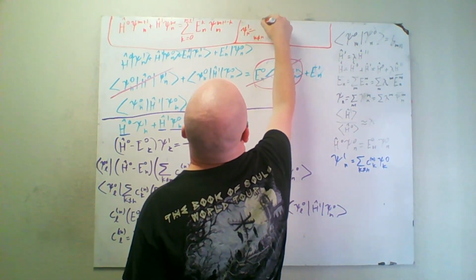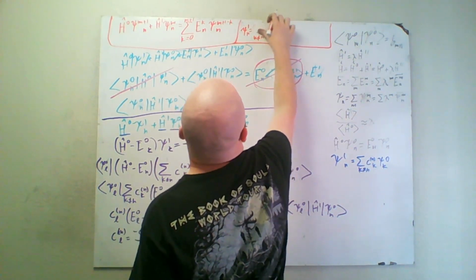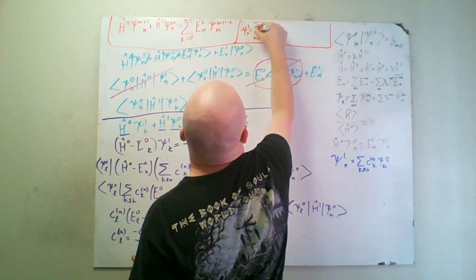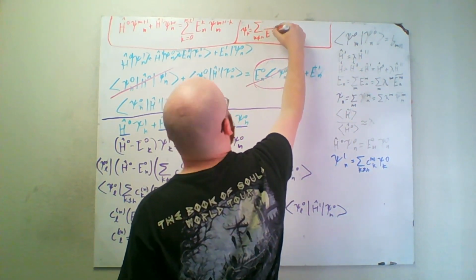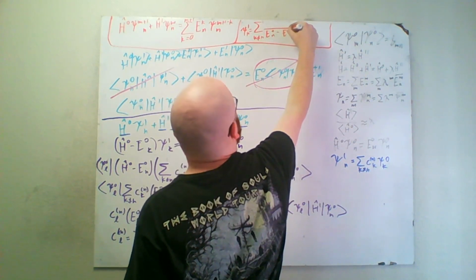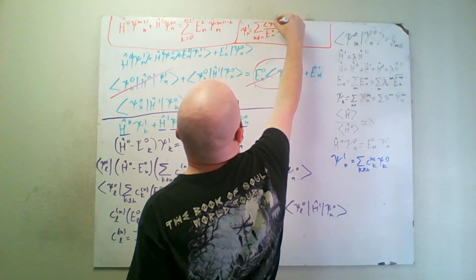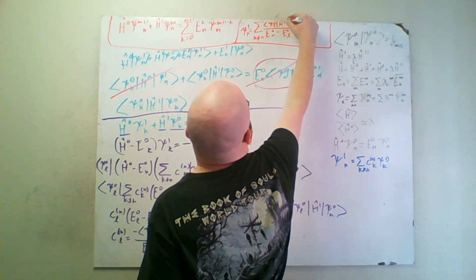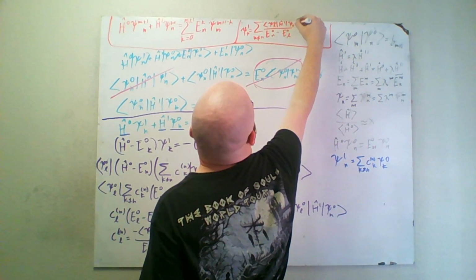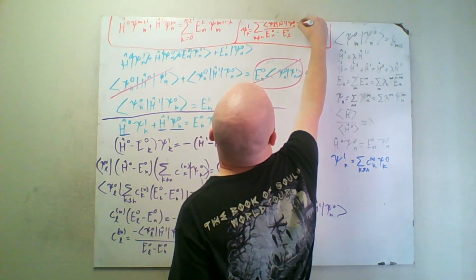Let's not add the negative, let's just switch the order of subtraction in the denominator: E0n minus E0L, psi 0L H hat prime psi 0N.